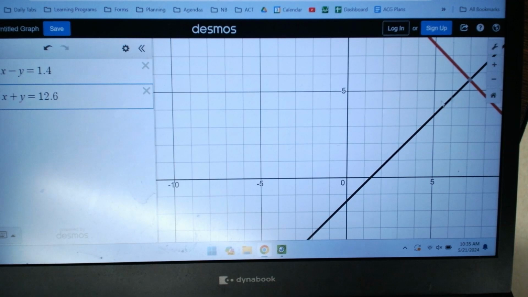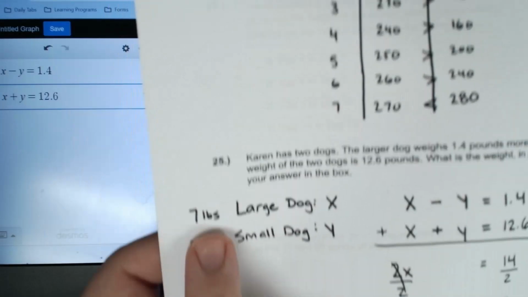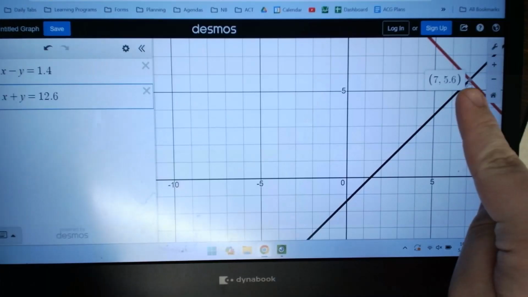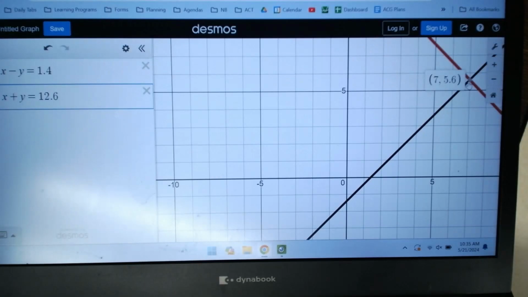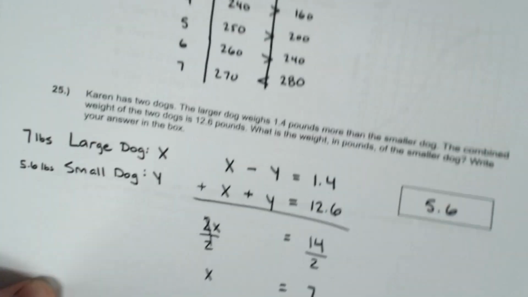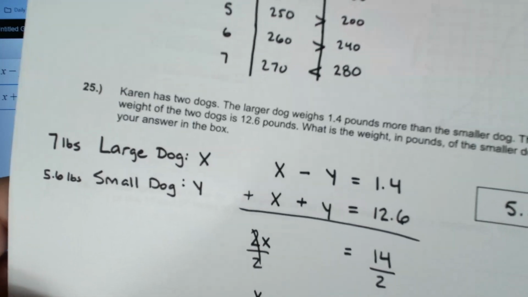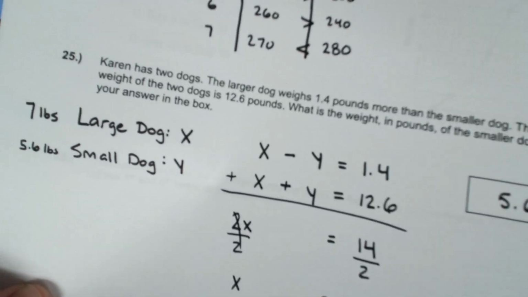Those two lines intersect at the ordered pair 7, 5.6. 7, the x value, is the weight of the large dog. 5.6, the y value, is the weight of the small dog. So as long as you know what your x and y stand for in that ordered pair, you get your answer almost immediately. Does that sound okay?